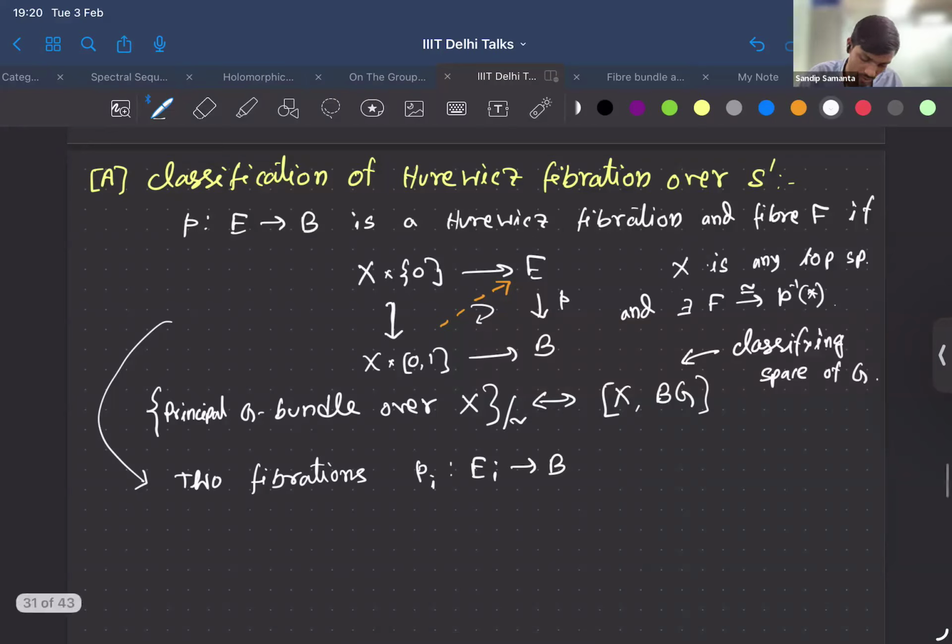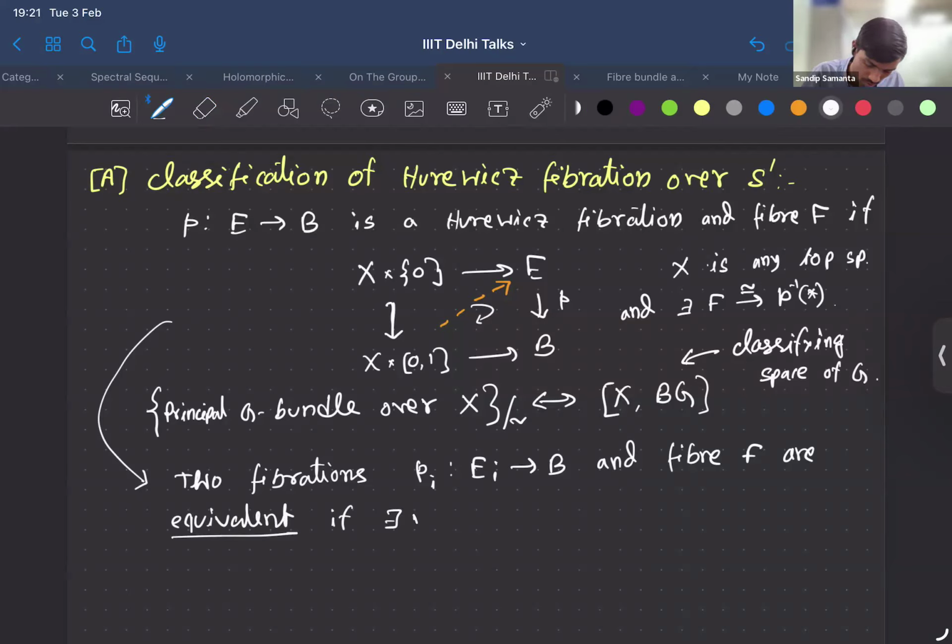So pi to B and fiber F are equivalent if there exists a map P from E1 to E2, where I equal to 1, 2.